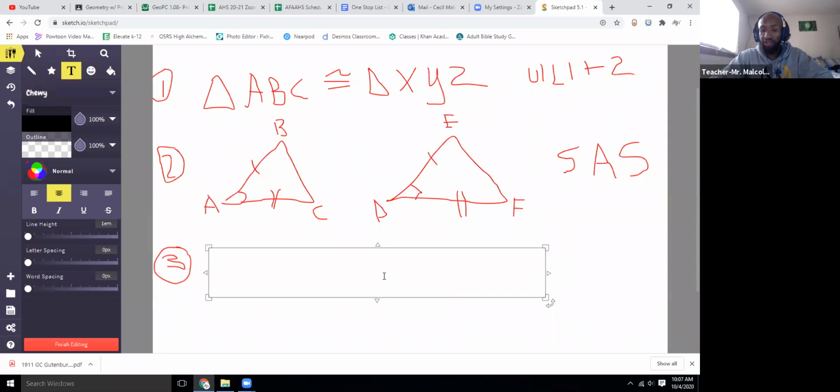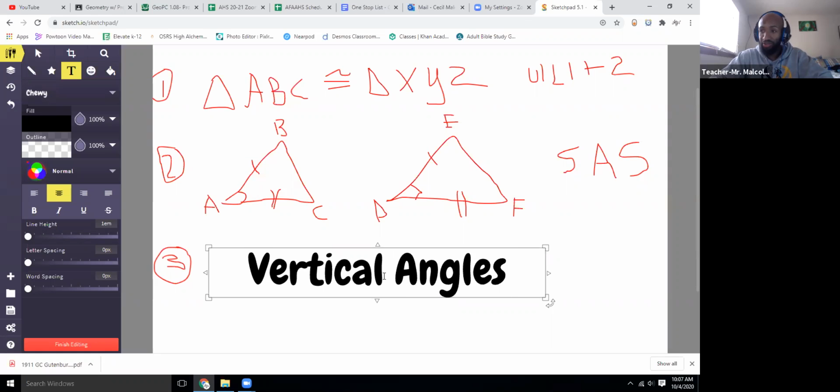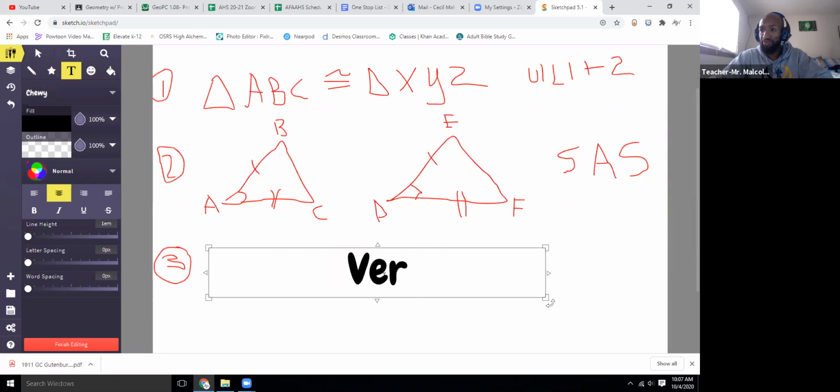The second one is vertical angles. Ensure you know what that is also. The third one is midpoint.